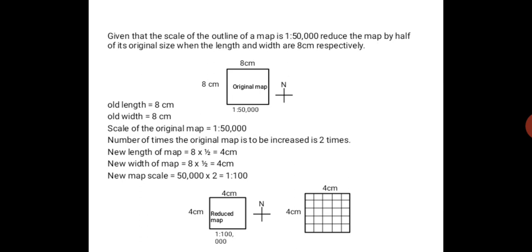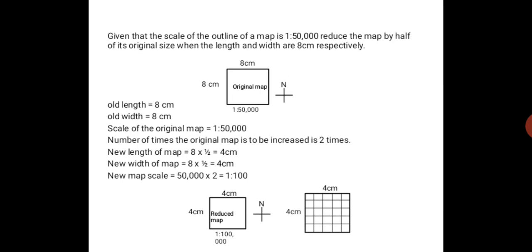New width, 8. You can say multiply, or you say divide 8 by 1/2. That gives us 4 cm respectively. So the box you are going to draw on paper has reduced from 8 cm to 4 cm respectively.